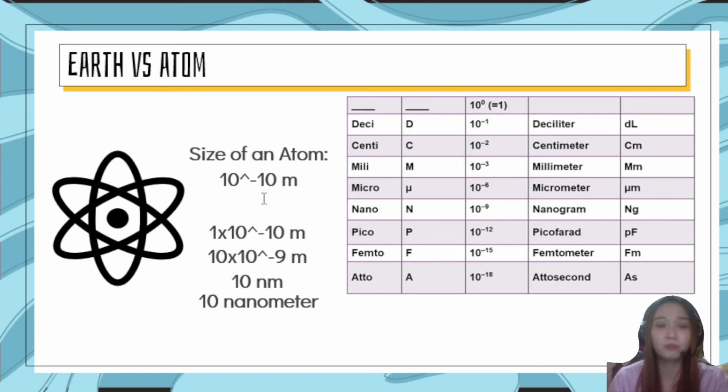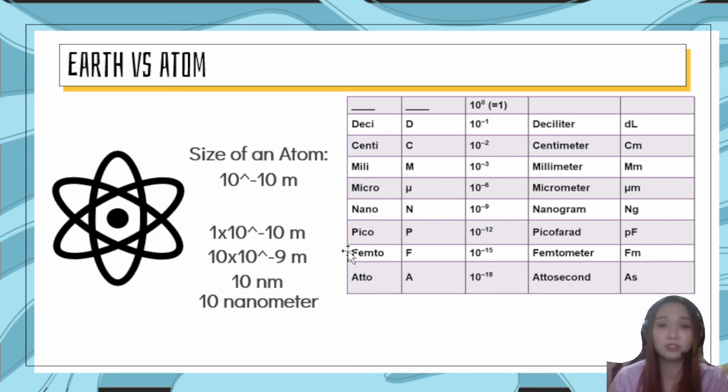So, same as the size of an atom. Okay, so we know that it is 10 raised to negative 10. So, 1 times 10 raised to negative 10. So, we have to move another decimal point in order for us to get 1 times 10 raised to negative 9. Okay, kasi yun yung nasa table natin, yun yung pinakamalapit. So, the 10 raised to negative 9 should be changed into nano.